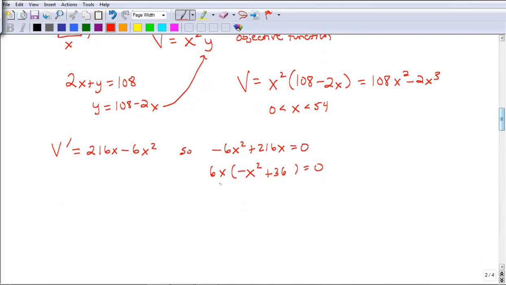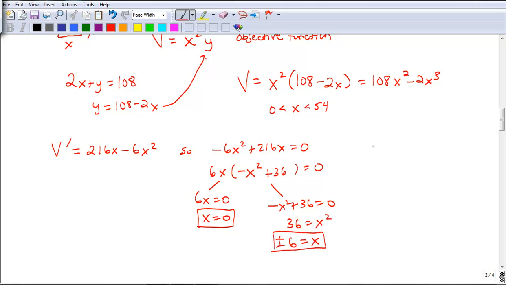And so I can solve this. Either 6x is 0, in which case x is 0, or negative x squared plus 36 is 0, which means 36 is x squared, and plus or minus 6 is x. So the critical points I get are 0, negative 6, and 6.